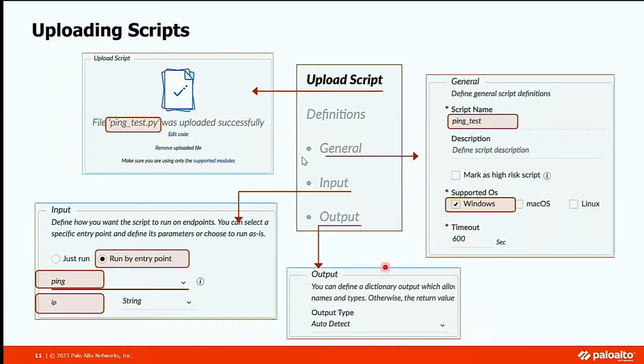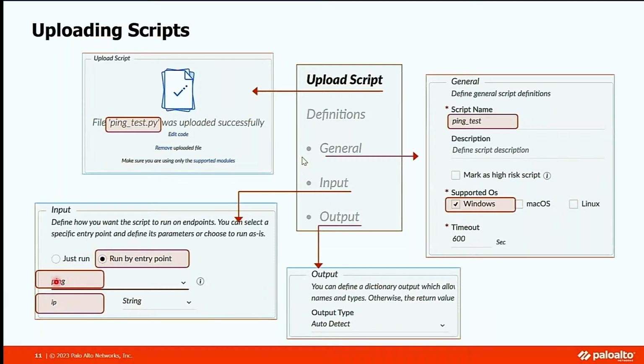For the process to upload a new script, you first of all browse or drag and drop for the Python script. That will then take you to the general definition section and give you a default script name. You choose your supported platforms. The default timeout is 600. And for the input, the default selection is just run, how you want the script to run on the endpoints. Do you need to provide any parameters or just run as is? Just run as is, or provide parameters, run by entry point.